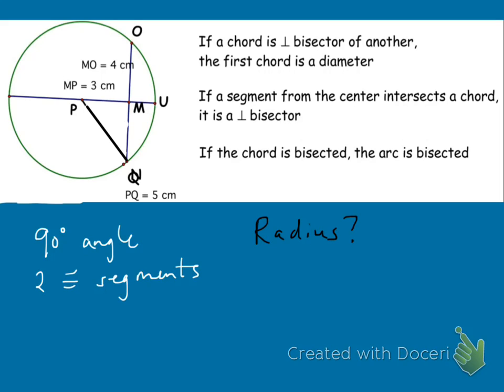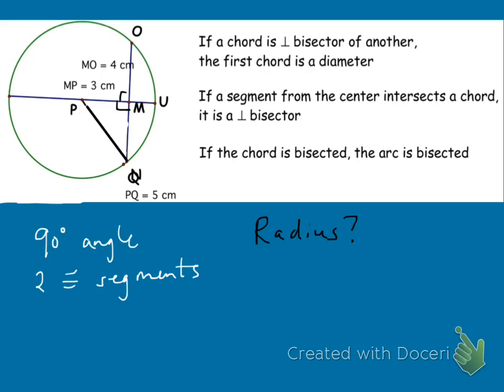If I go there, what do you notice? Well, first of all, you should understand that MP is perpendicularly bisecting ON. Therefore, this is a right angle, and it makes this a right angle. Okay, so now you have a right triangle.